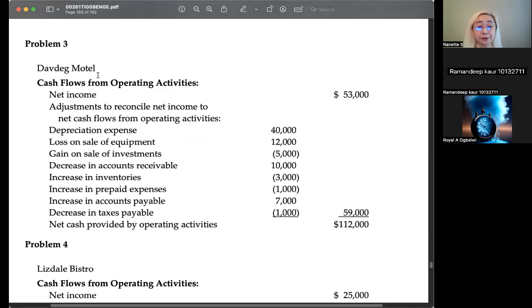So let's use this motel as an example to show cash flow from operating activities. You start with your net income and then you add and subtract all the different activities to get your net cash provided by operating activities, which is now 112,000.